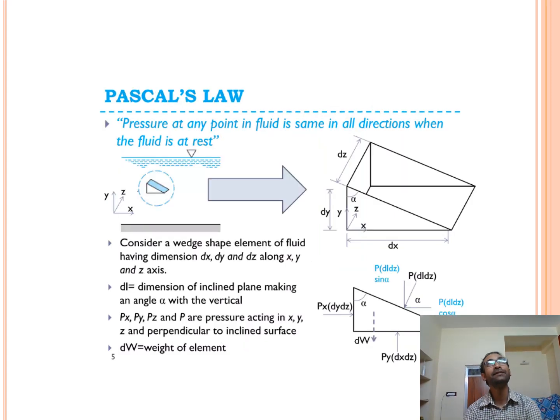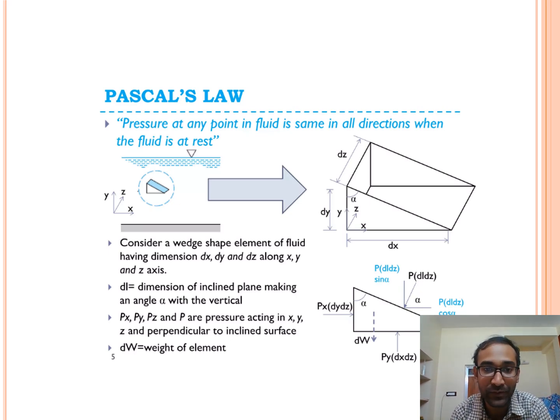There is Pascal's law in pressure. Pascal's law says that the pressure at any point in a fluid is the same in all directions when the fluid is at rest. That means at any point in a fluid, the pressure will be the same in all directions.